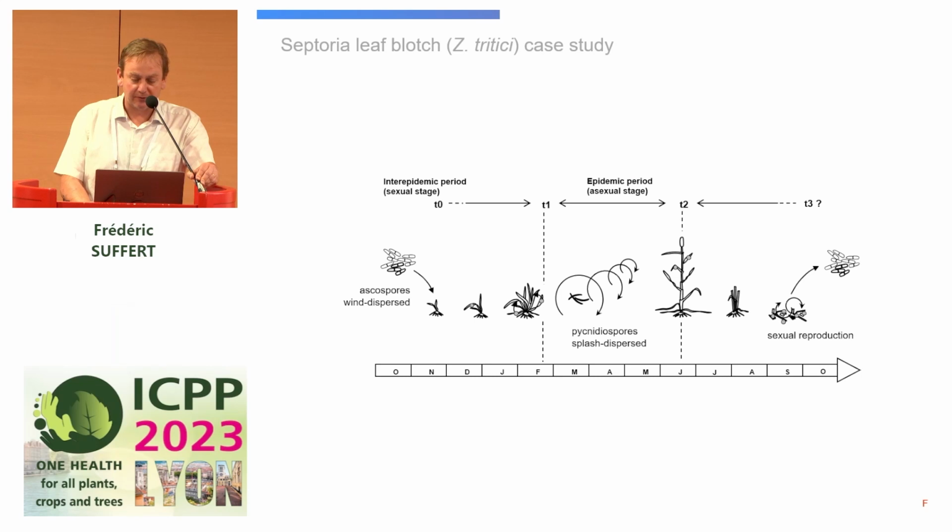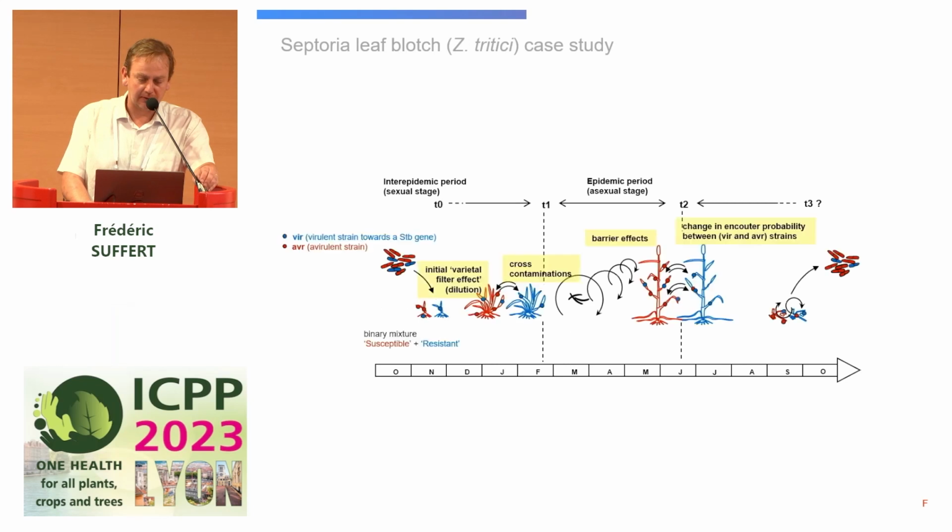Here is a brief overview of the disease cycle. The epidemic is initiated by wind-dispersed ascospores at the beginning of the season, and then over the course of the epidemic you have a dispersion of pycnidiospores by rain, and at the end you have sexual reproduction on the wheat debris, and the epidemic is recurrent like that.